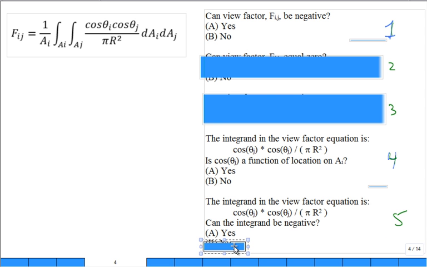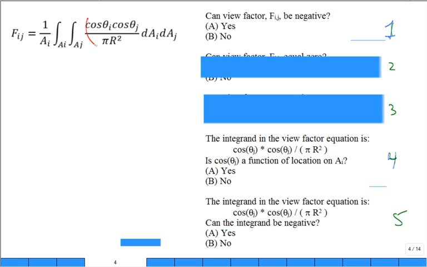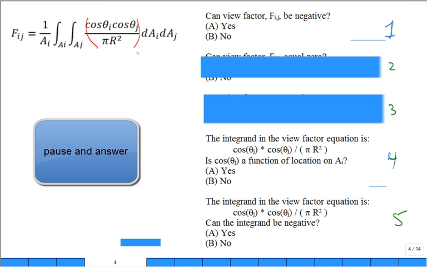The question for question 5 is: the integrand in the view factor equation, cosine theta i times cosine theta j divided by pi r squared. Can the integrand ever be negative? Yes or no? Can this part right here be negative?